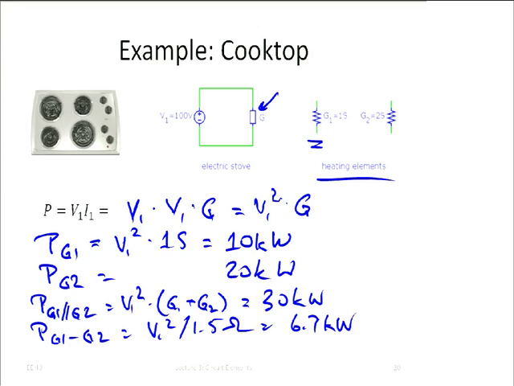So simply by arranging these heating elements in different ways, series, parallel, and using individual ones, we can sweep the power of our stove up from about 7 kilowatts all the way up to 30.